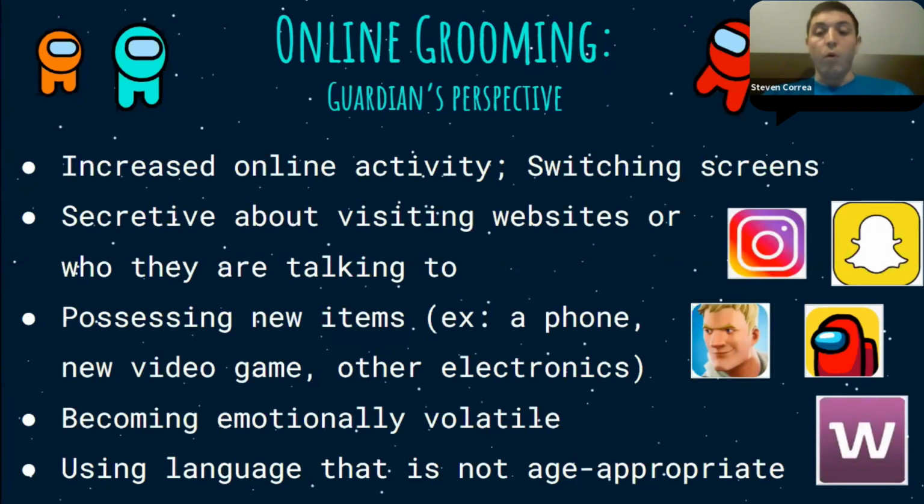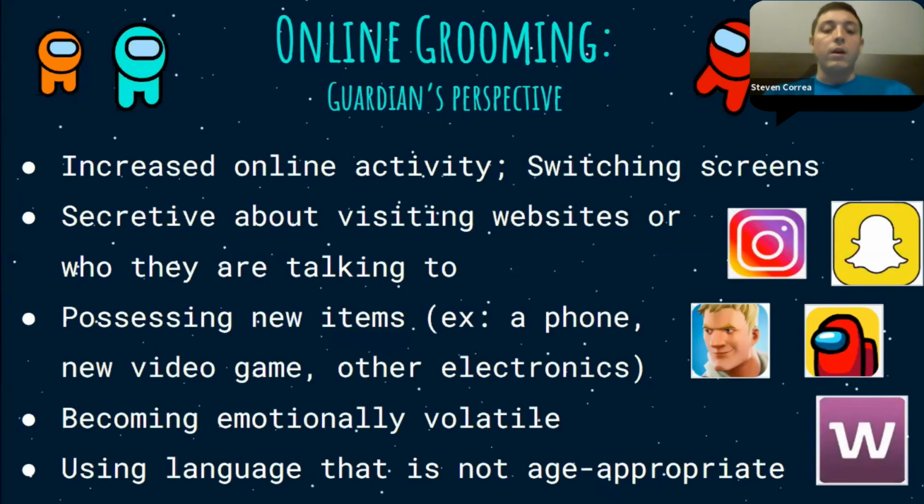So they'll start relying more on their online friends or a potential trafficker than you. Using language that is not appropriate. If all of a sudden they start using terms, lingo that you haven't heard anybody use near them or you don't use around your house, then maybe start inquiring where they learned these words, this language, or where it is coming from.